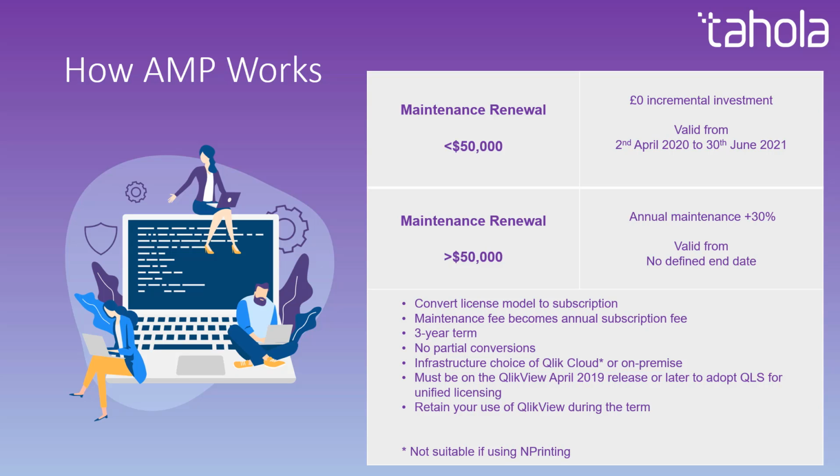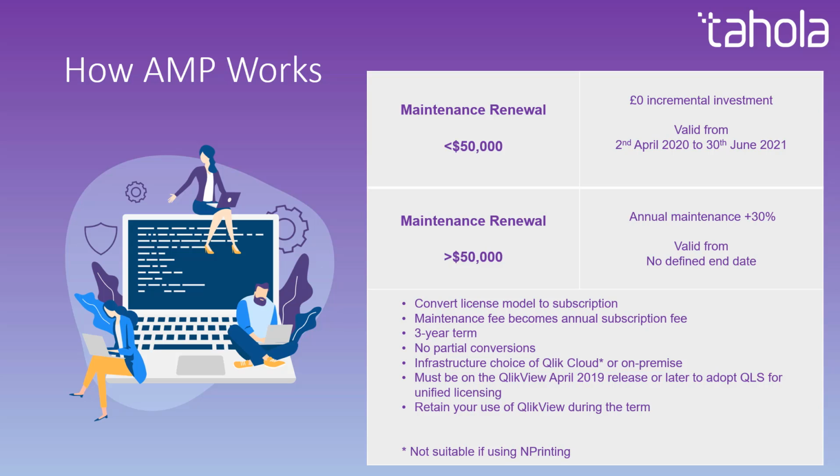Now, this is a limited time program. It started on the 2nd of April 2020 and it runs until the 30th of June 2021. So if you're within that time period and your maintenance renewal is less than $50,000, then I would urge you to look at AMP as a way to take advantage of Qlik Sense.